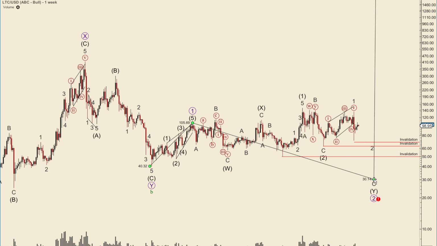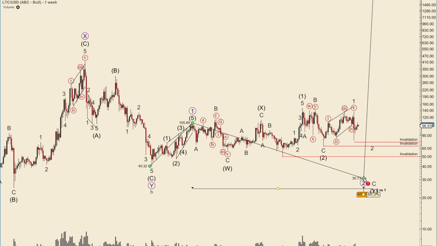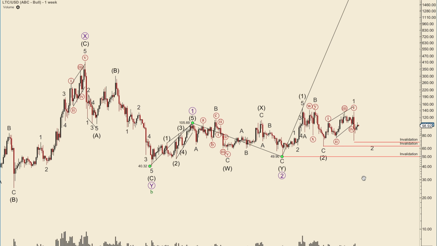If you move wave 2 over here, you see that you have passed the 4 fib time, which is not preferred when dealing with a wave 2. So you don't really want to take out this if you are bullish in this count, basically.